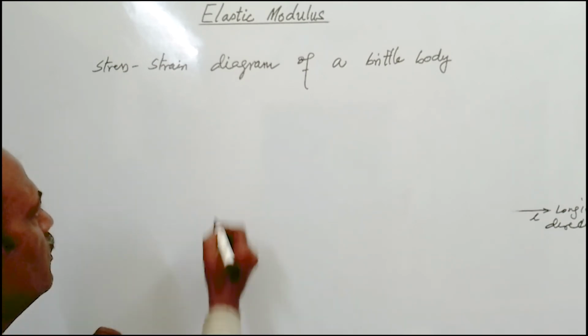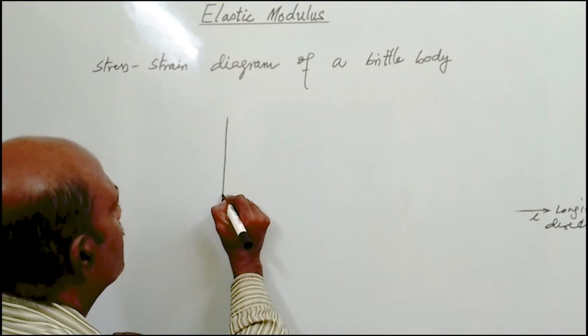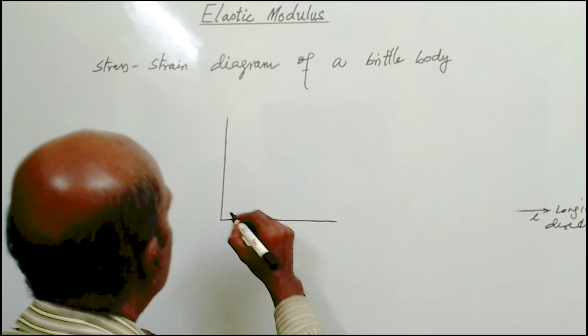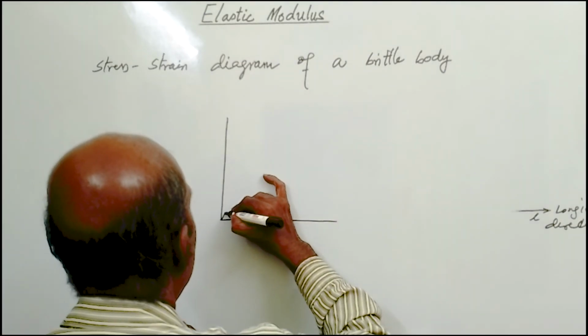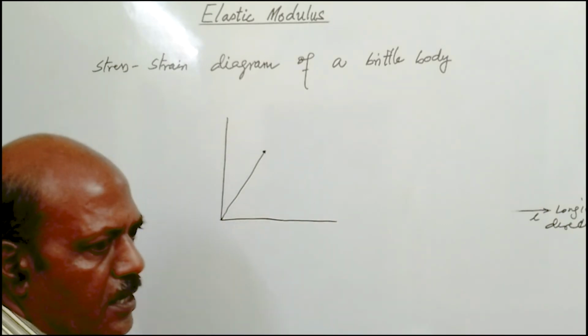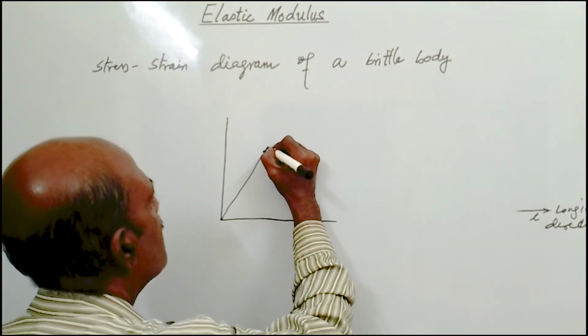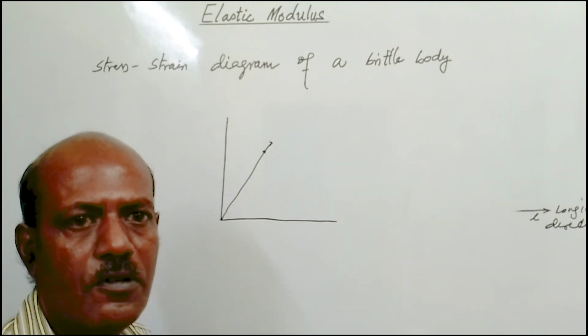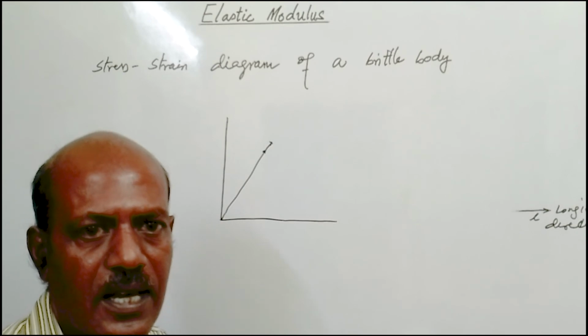fails. So if we see the stress strain diagram of this body, say cast iron, the curve will be straight line for some distance, means up to proportional limit it will be straight line, then it will slightly bend and fail. So not much information is obtained from stress strain diagram.